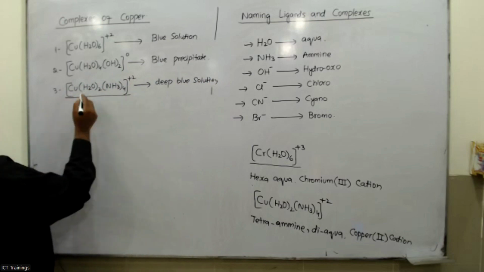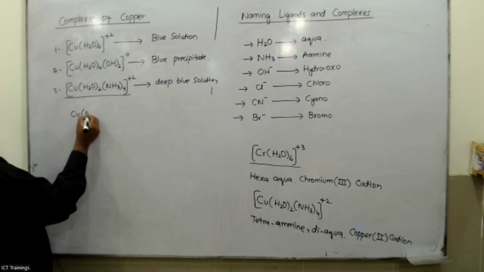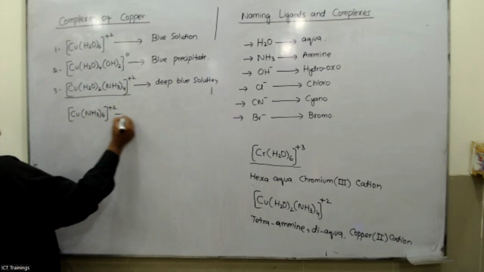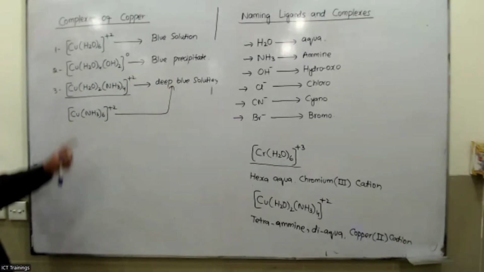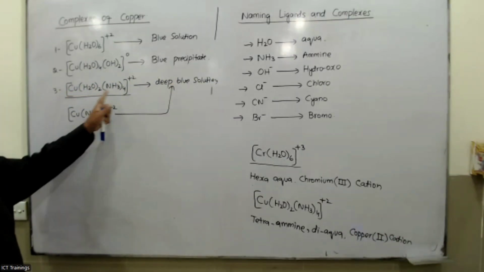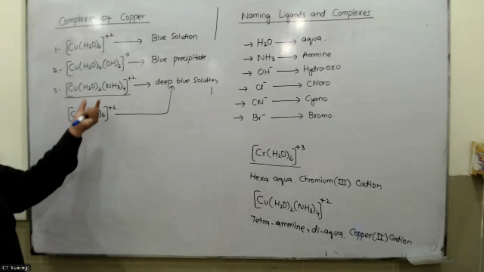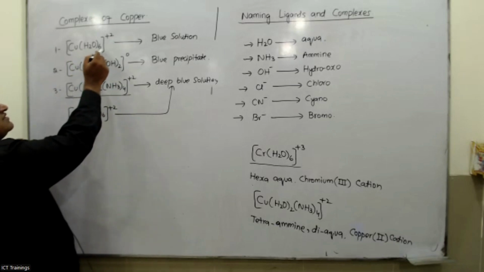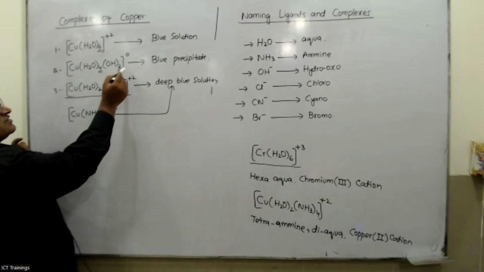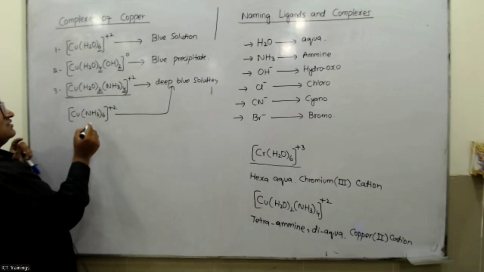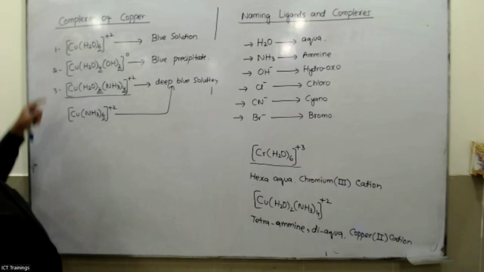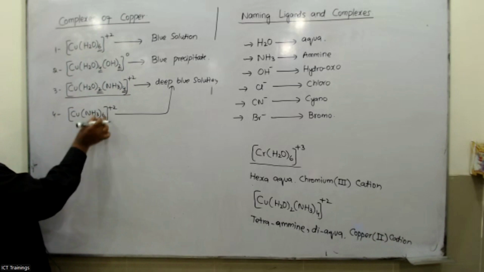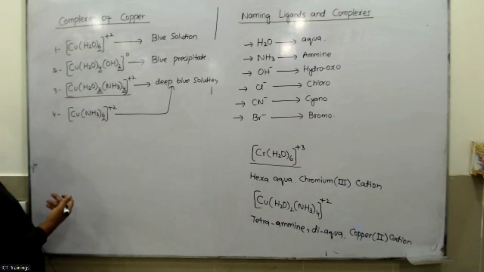This complex could also be written as copper with ammonia 6 and plus 2 charge. This one would also form the deep blue solution. So with copper, if 6 ammonia are present or 4 ammonia with two water molecules, 4 and 2 make 6. So 6 ligands are normally attached to the copper. The color of the 6 ammonia or 4 ammonia complex is exactly the same.